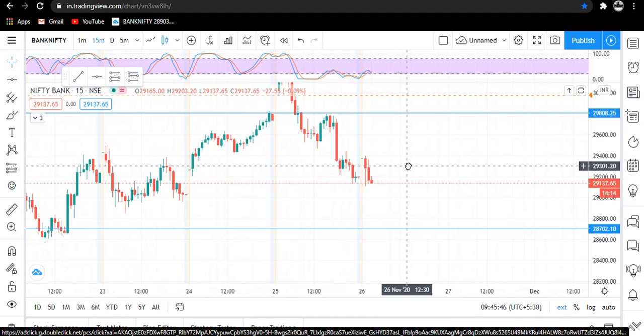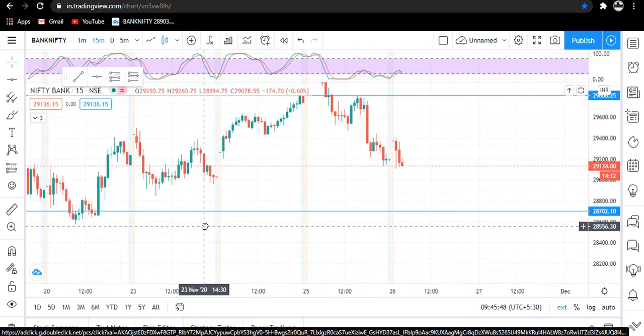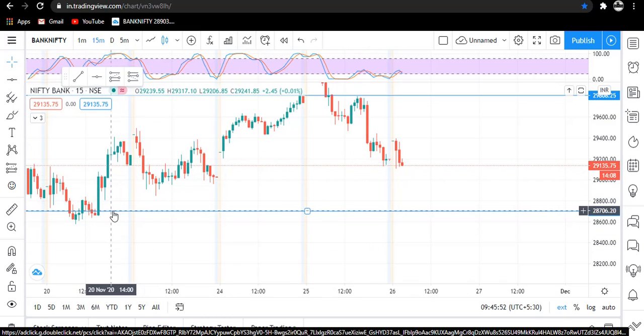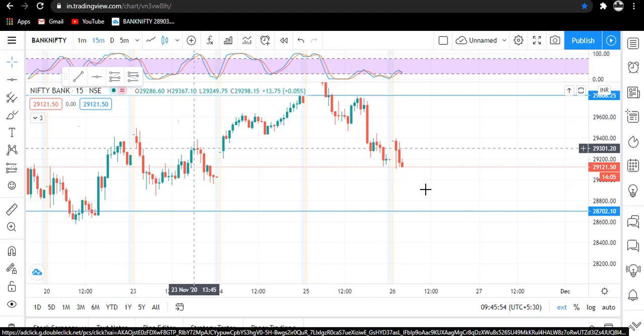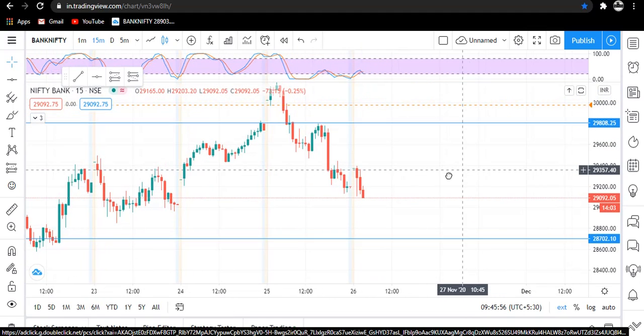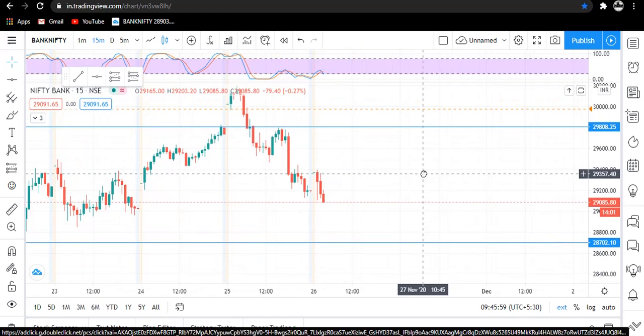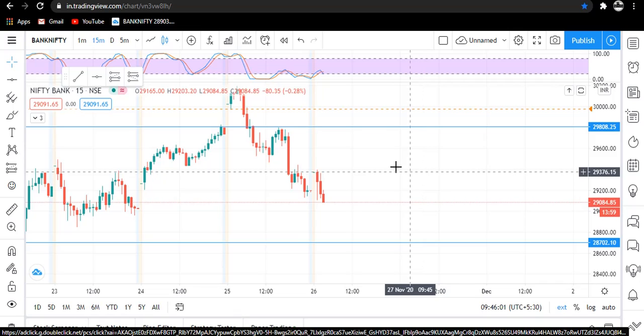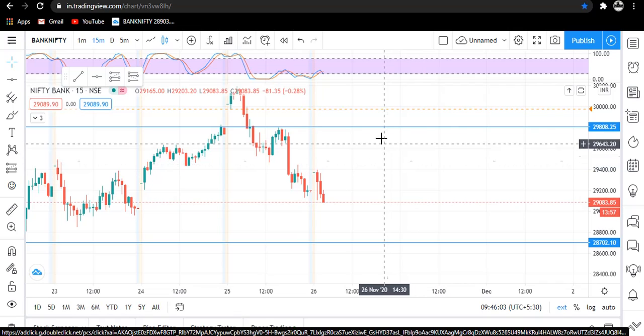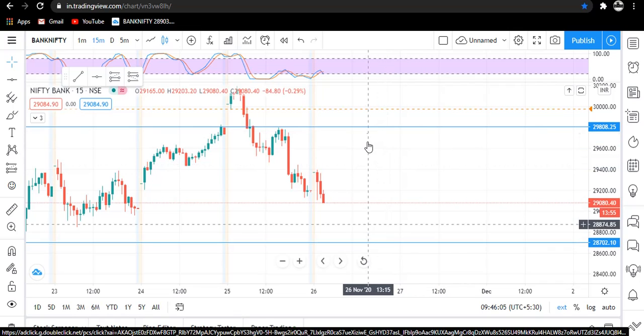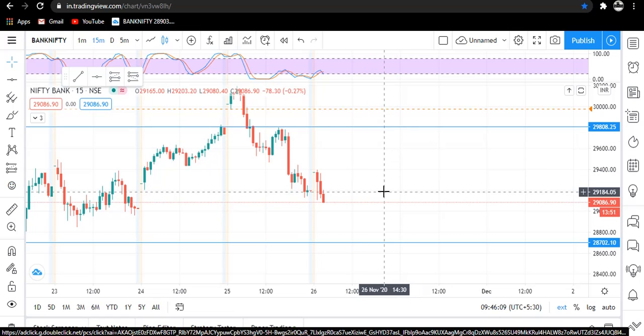Here, this is a swing low, so this will act as a support price for Bank Nifty. What we are thinking here is that Bank Nifty should close today between this support and resistance, and if that happens, we will be booking a profit today.